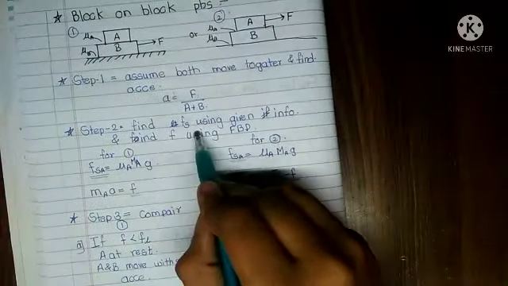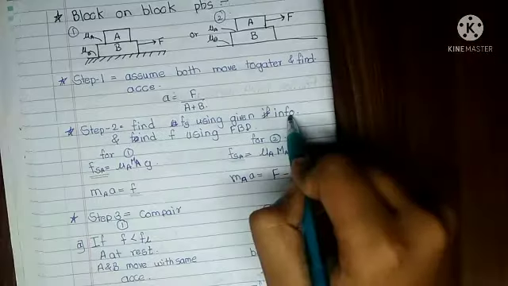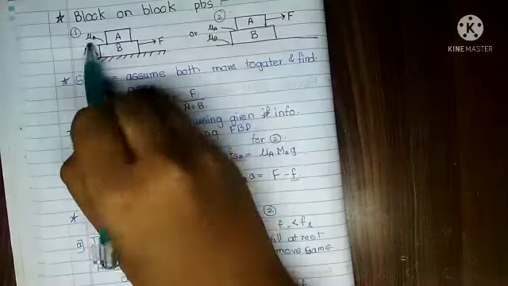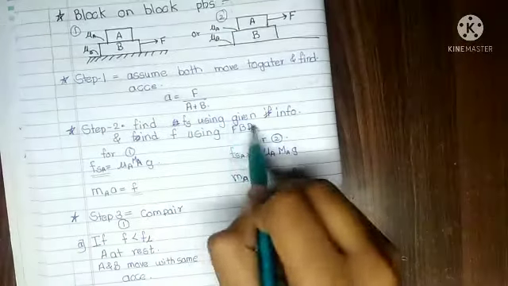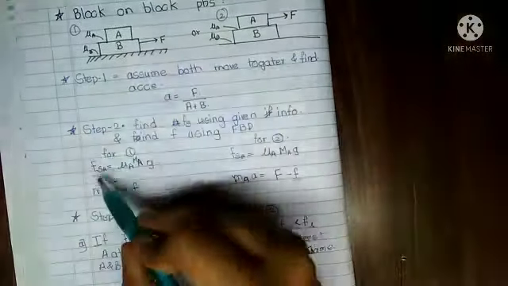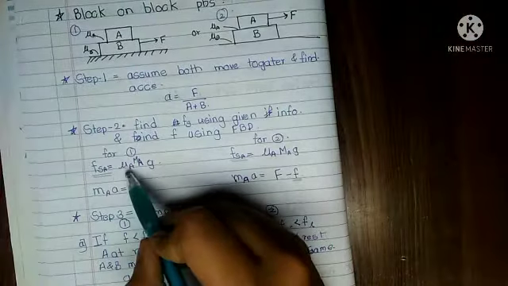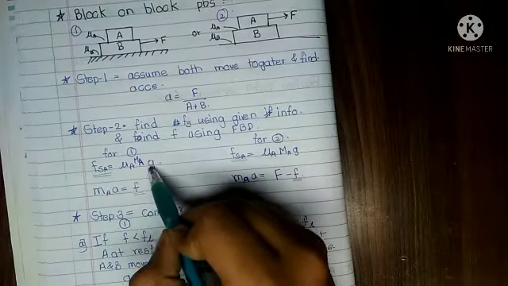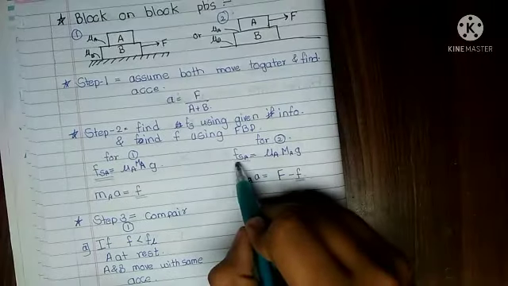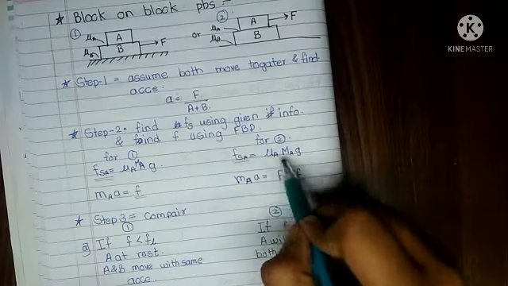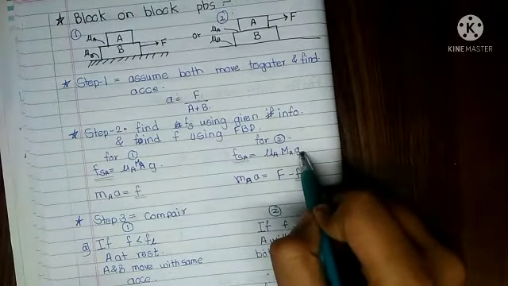Step 2: find Fs using the given information of coefficient of friction, and find f using FBD. For the first case, static friction is equal to mu A into mg, and for the second, static friction is equal to mu A into mg.